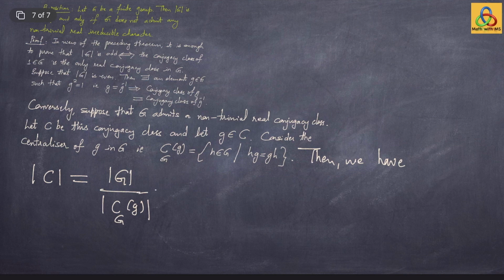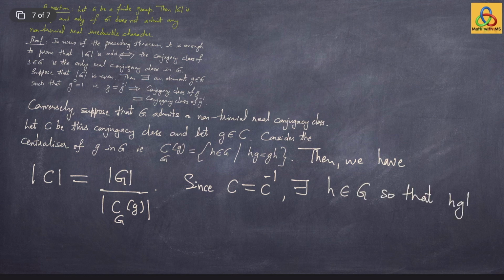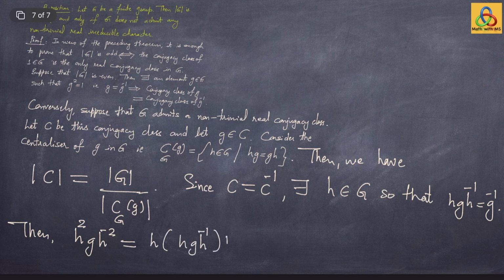Since C is a real conjugacy class, C is the same as C inverse. Since C is the same as C inverse, there exists an element h in the group G so that hgh inverse is the same as g inverse. Look at this identity: conjugate g by h square, then you see that this is the same as h times hgh inverse times h inverse.